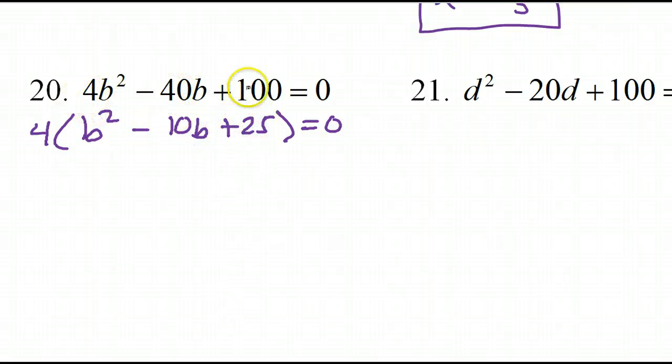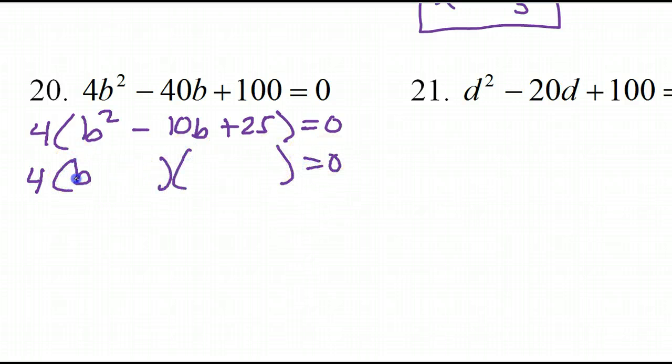I just divided everything by 4. Okay, now I'm ready to factor. So I've got my 4. That's going to be b. 25, I'm betting, is 5 and 5. If I do negative 5 and negative 5, that will make negative 10, and a negative times negative is positive.